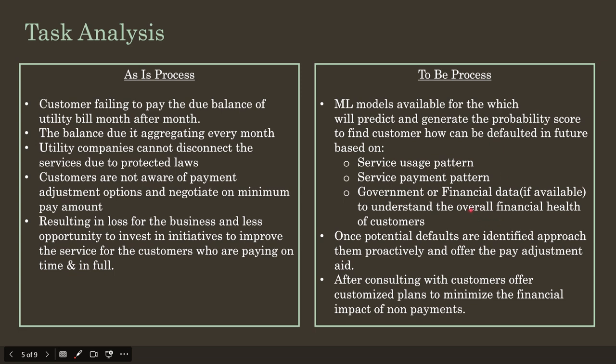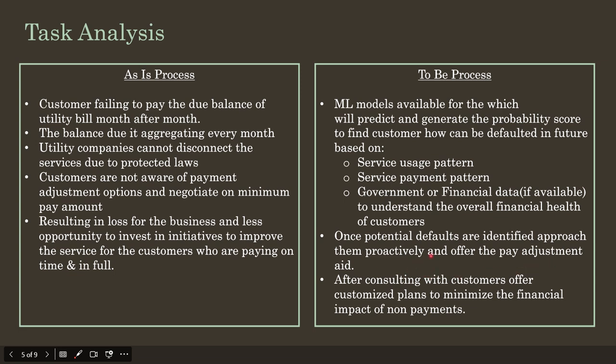So once the potential defaults are identified, we approach them proactively and offer the pay adjustment aid, where instead of paying a full amount, we come up with a partial amount agreement, and on a recurring basis, we receive the partial amount for a certain period of time, so that instead of having 100% loss, we can have a partial adjustment done.